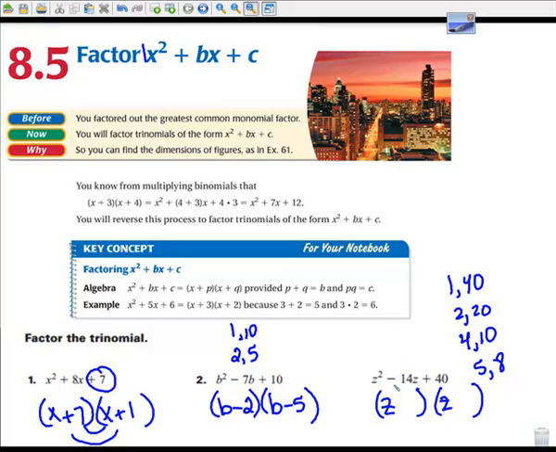If you have a negative for your middle term and a positive for your final term, you have to have two negatives. If this is going to be positive, you always have to have two like signs, and the middle sign is then going to determine whether they're both positive or negative. To get a 14, I'm going to use a 4 and a 10. Negative 4 times a negative 10 is positive 40. Negative 4z and negative 10z is negative 14z.